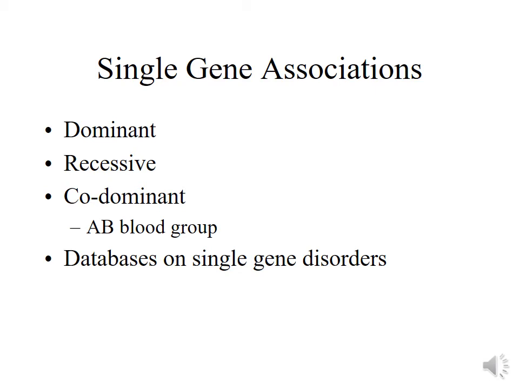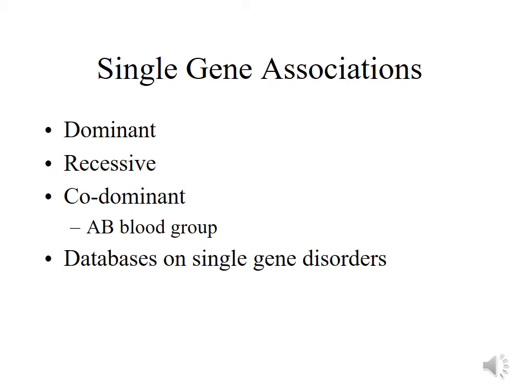So if an individual needs to be homozygous at that particular allele in order to display the trait, then that inheritance is said to be recessive. Sometimes two different phenotypes that result from mutations at a single gene locus can simultaneously be displayed by the heterozygote and are said to be codominant.